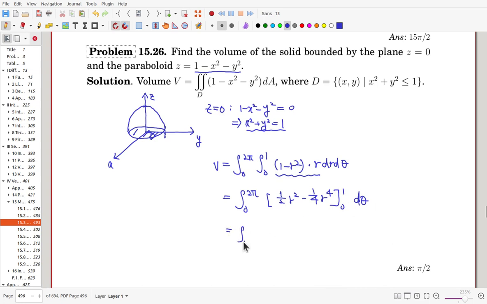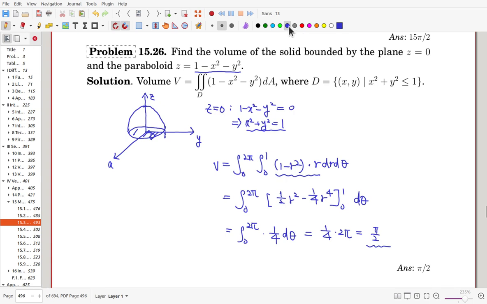From this one now from 0 to 2 pi. Once r is 1, then half minus quarter, so that we have a quarter, right? And d theta, this is constant, so that we have a constant times the interval length, 2 pi. So we have pi over 2, the final answer. Okay.